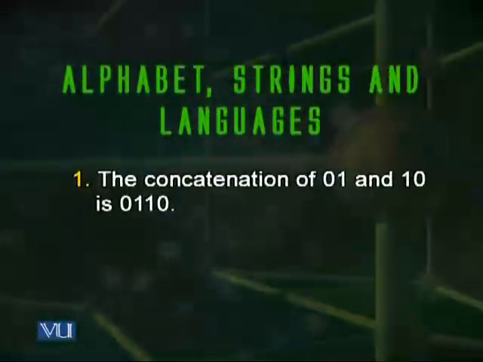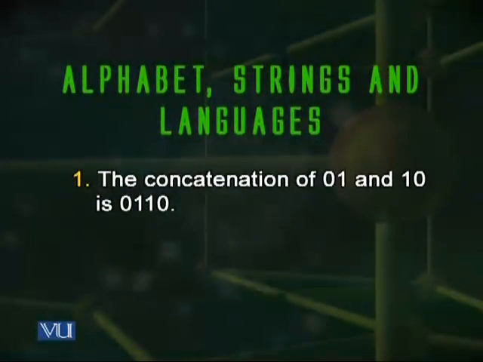Concatenation is a very, very simple concept. Suppose you have a string x and you have another string y. When you take the first string x and then write y after it, you have concatenated the two strings. So it's a very, very simple concept.